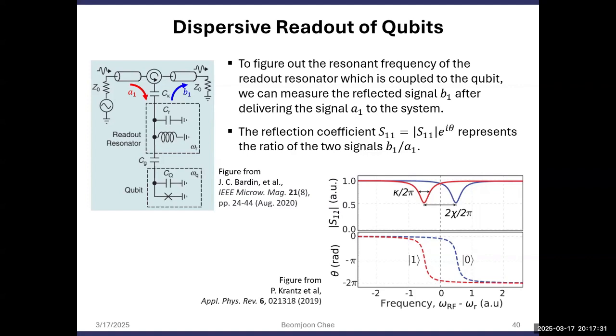After we obtain B1, we can figure out how B1 looks. We draw the spectrum of the signal B1, and depending on the state of the qubit, the resonant frequency is going to be different, which means, as you can see in the bottom right of this page, the shape of the plot is going to be different.